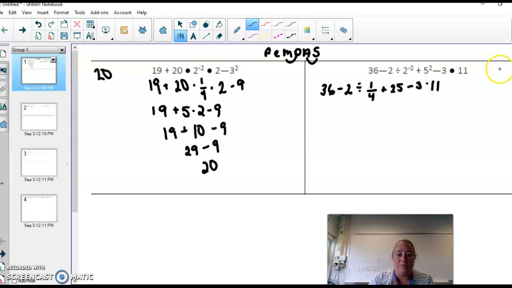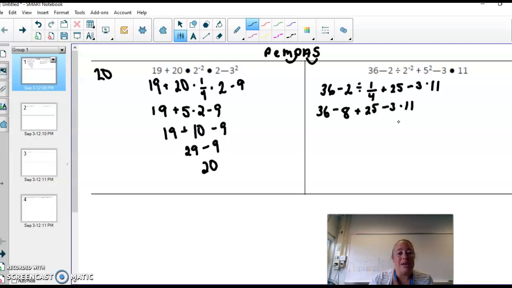Okay, no more exponents. Now we're at multiplying and dividing, but you go from left to right. So again, I rewrite as I go. 36 minus, all right, 2 divided by 1/4 is actually 8. Plus 25 minus 3 times 11.